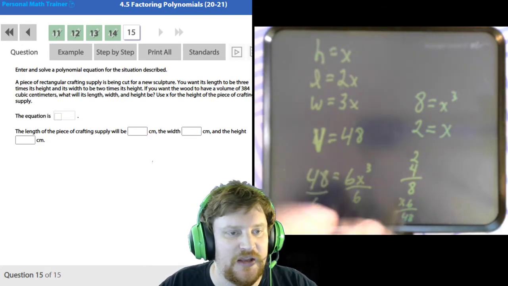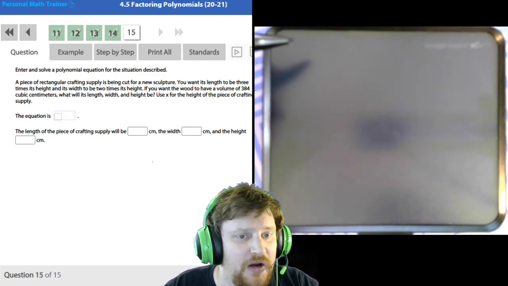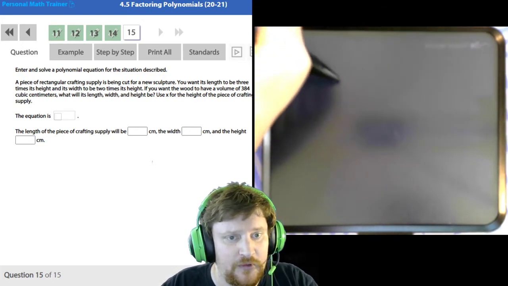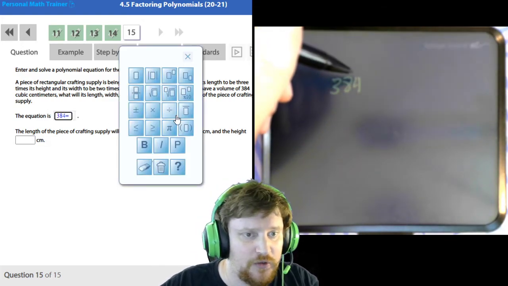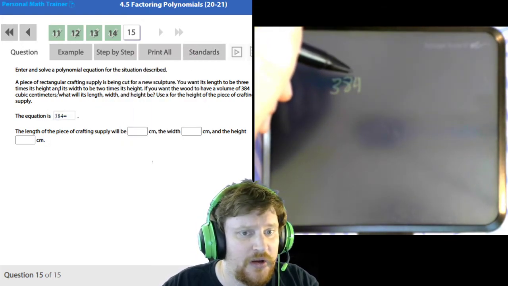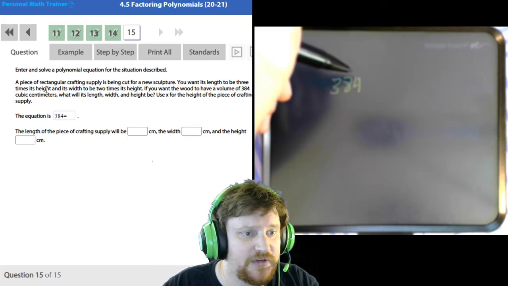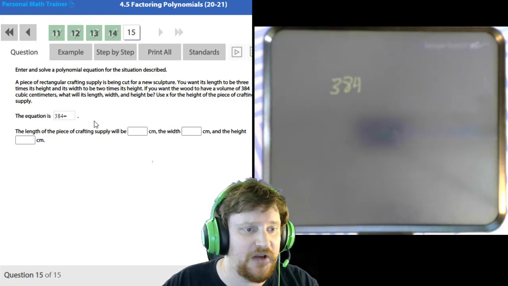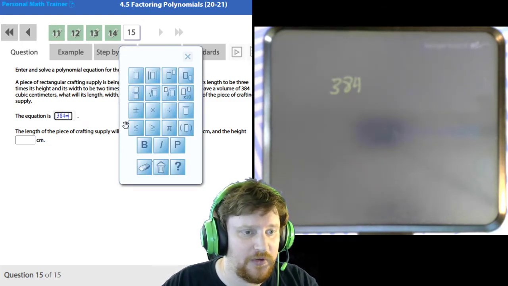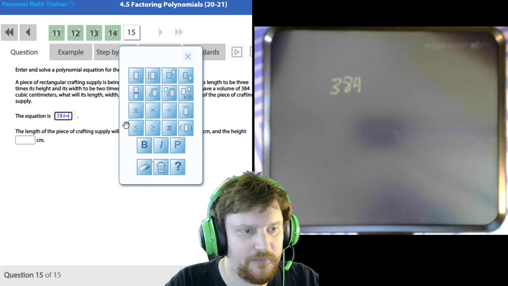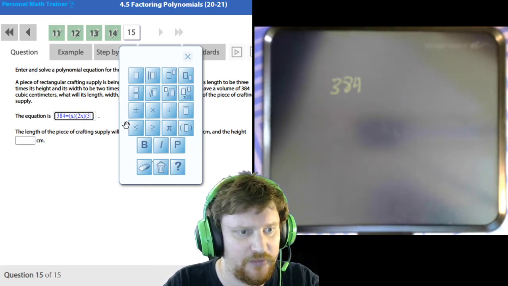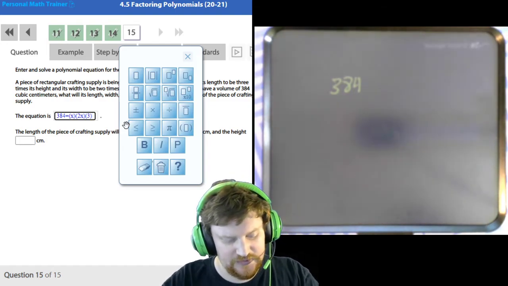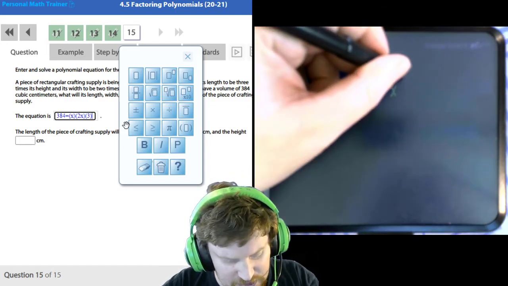So we can click try again on this, and this is now 384. So they want 384 equals, and they want its length to be 3 times its height, then its width to be 2 times its height. So yeah, they still want the same x, 2x, and 3x, which still gives us 6x cubed.